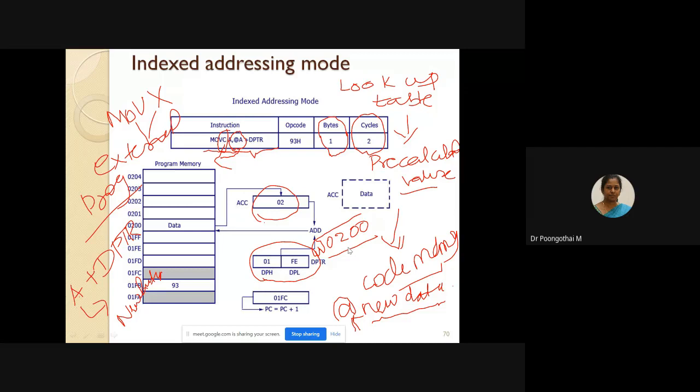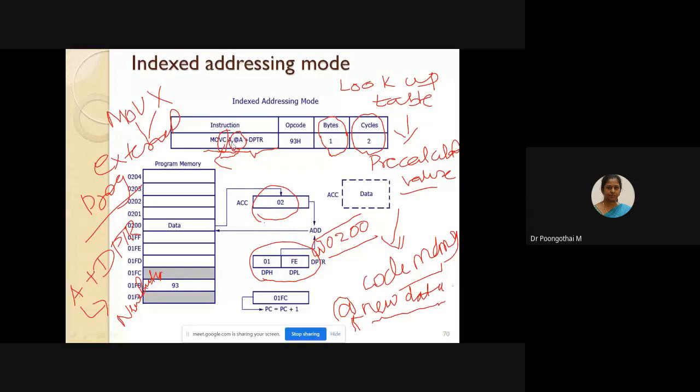The meaning of this instruction is we are going to access the content of 0200, and that value should be transferred to the accumulator. According to this example, opcode 93 is loaded in 01FB program memory. After execution, 01FE is added with your accumulator content and we get the new address.